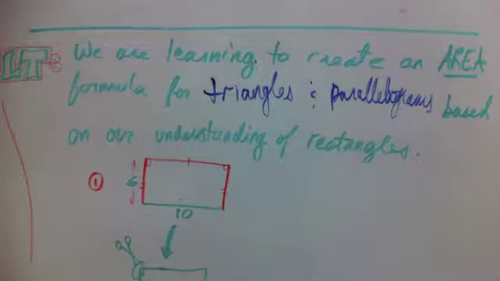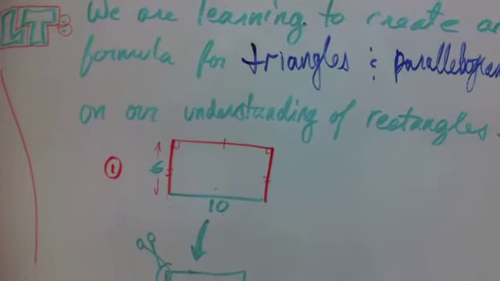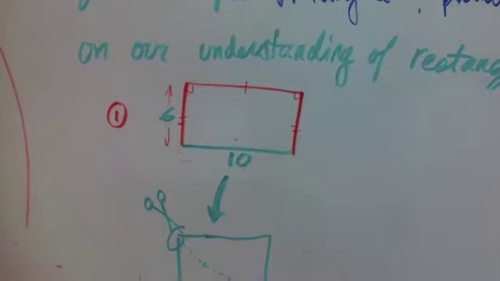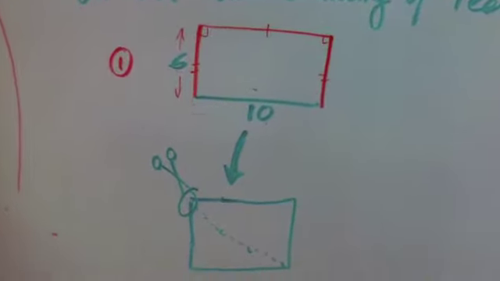Now it's time for the heavy lifting. Our learning target was to create an area formula for triangles and parallelograms that was based on our understanding of rectangles. So of course we began by taking our 10 by 6 rectangle and making one straight line slice from corner to diagonal corner.